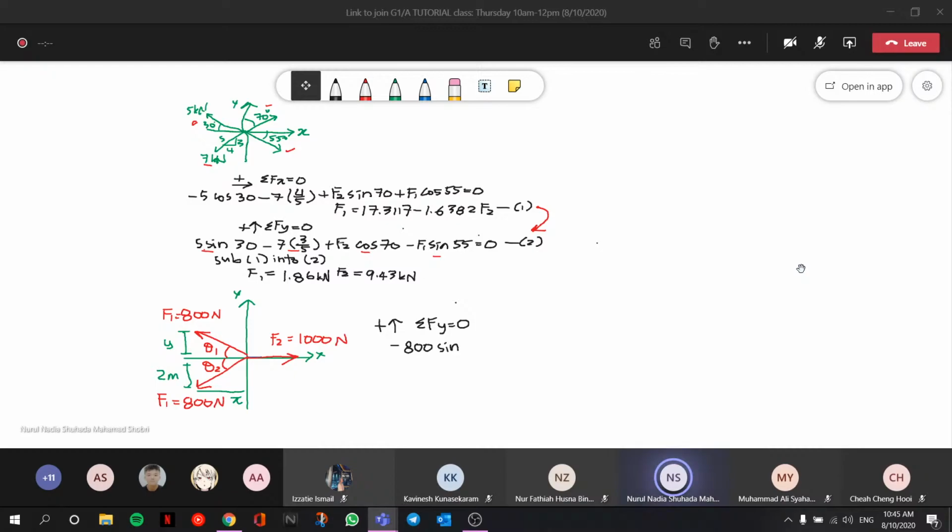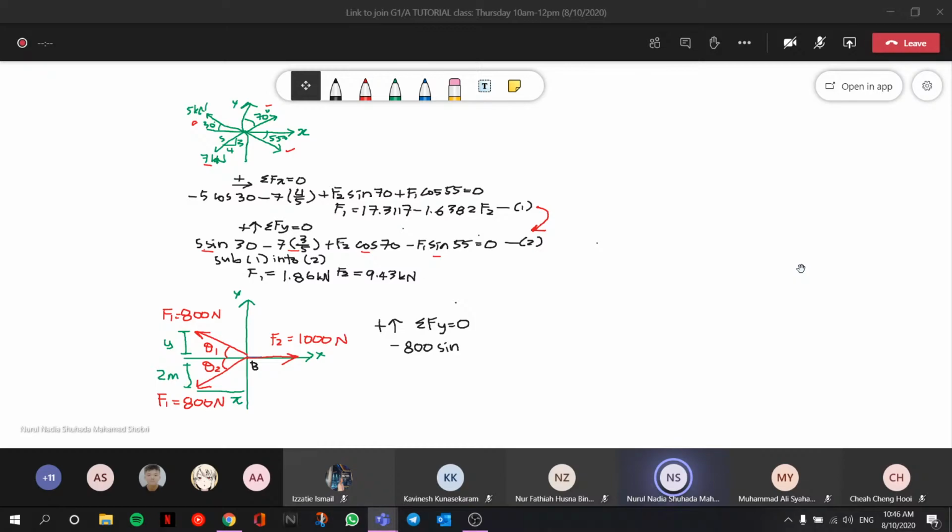Basically we define B as the coordinate 0, 0 here. To the right is the direction of force F2 equal to 1000 Newton, and on the left side are the directions of the forces from B to C and also B to A. C is force number 1, F1 equal to 800 Newton.